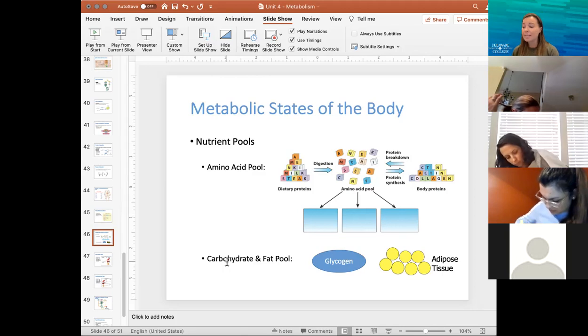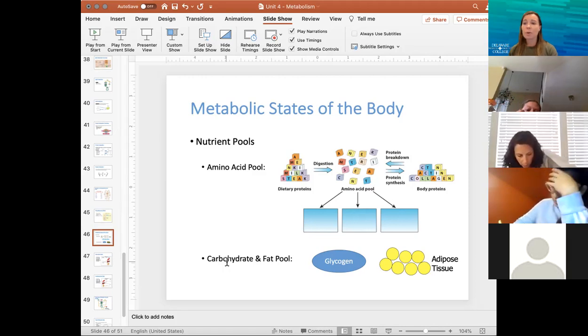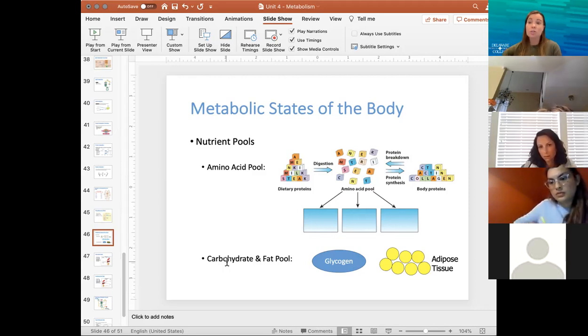But amino acids cannot be stored as proteins. So if you have excess amino acids, and this is rare, but if you have excess amino acids and your body can't reuse them to make a new protein for some reason, they can't just be stored.